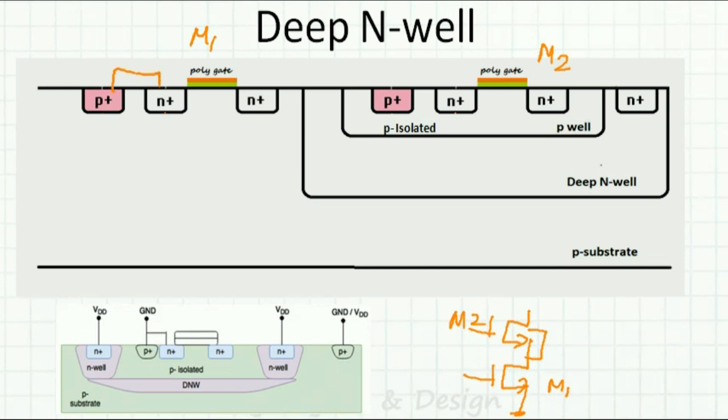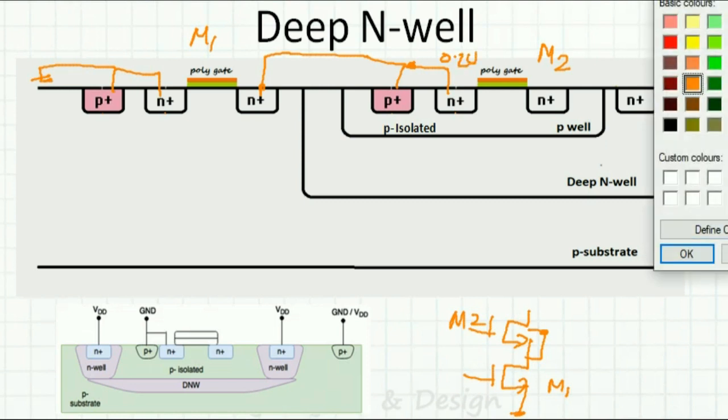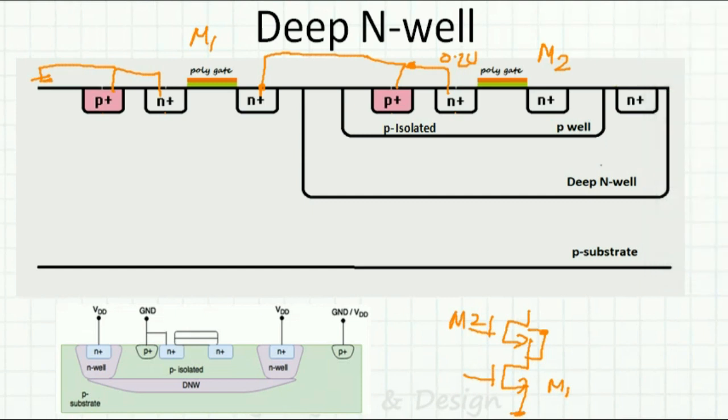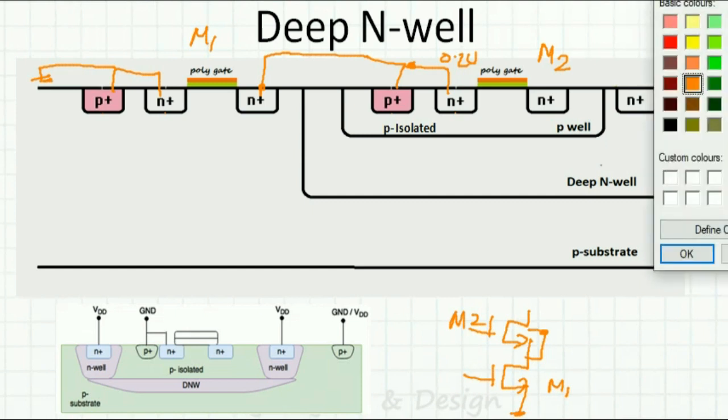Here source and bulk are connected to ground. Here source and bulk are connected, and they are connected to the drain of M1, and this voltage at this terminal can be like 0.2 volt. There is no problem, because I have this isolated.